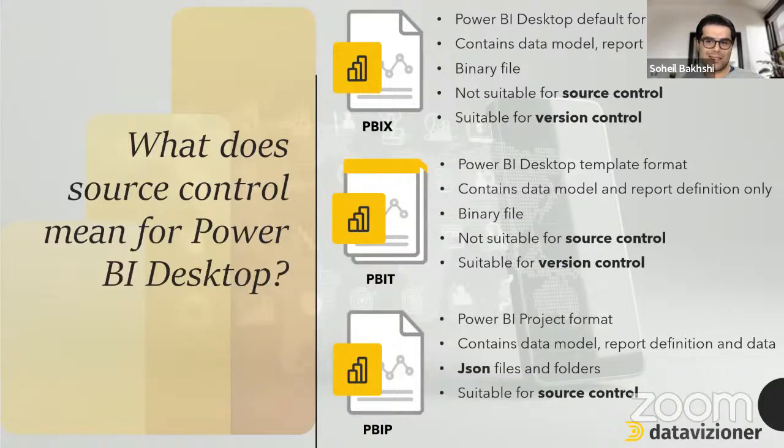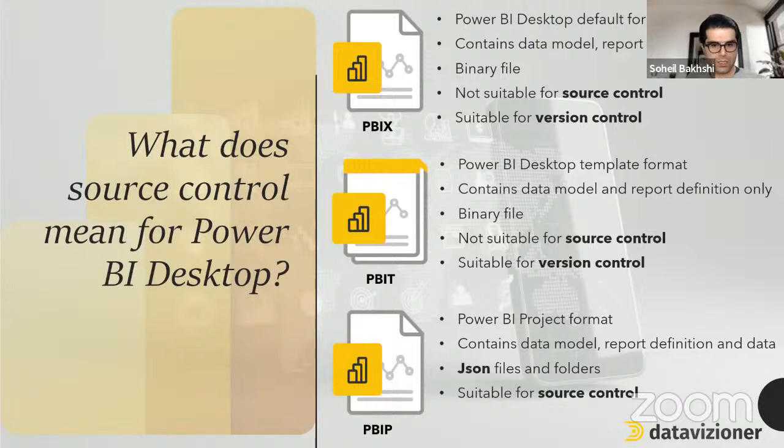It deconstructs the PBIX file, which, as I mentioned, includes the data model definition, the report definition, and the data itself, into files and folders, right? I'll show you later during the demo what it means.